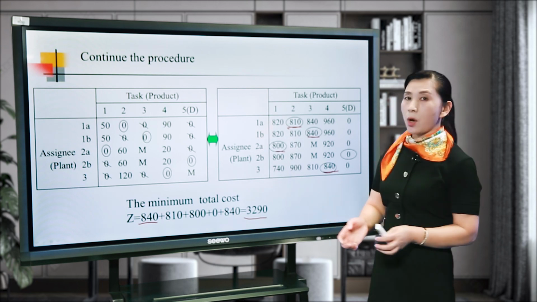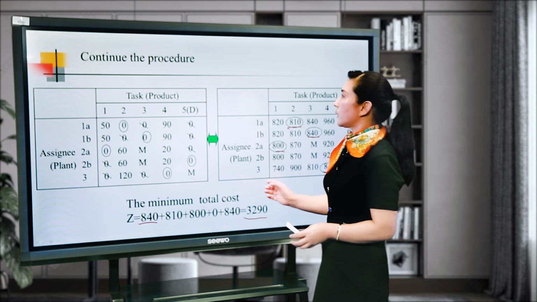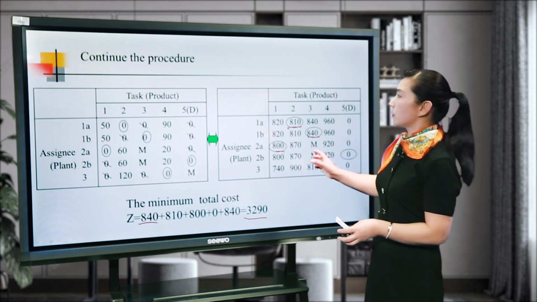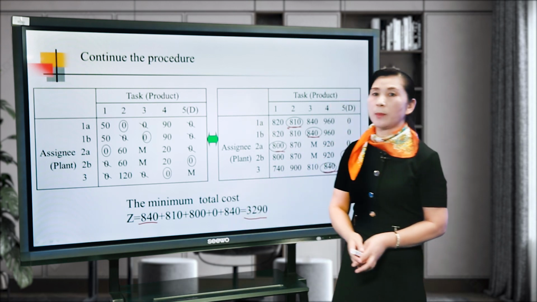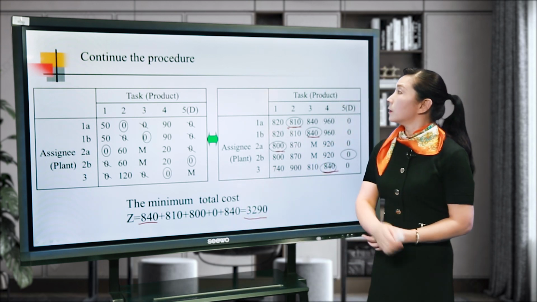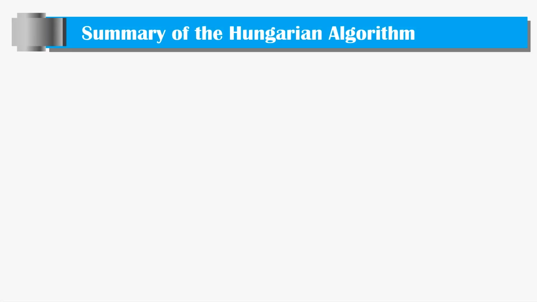This is the total cost of this problem, and we get the optimal solution and the minimum cost of this problem. So we finish the solution of this problem. Now this is the solving procedure of the Hungarian method.